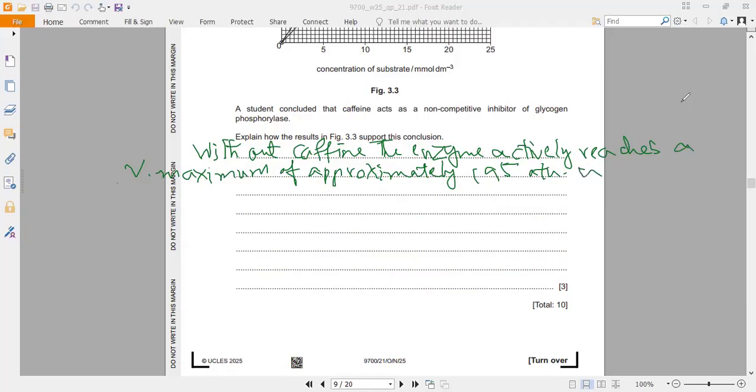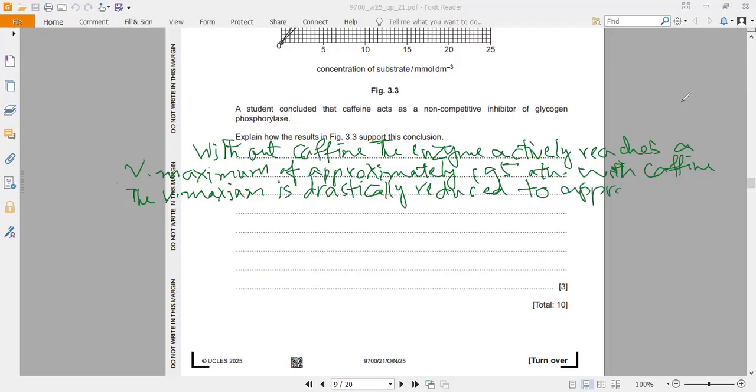With caffeine, the V maximum is drastically reduced to approximately 95 arbitrary units.